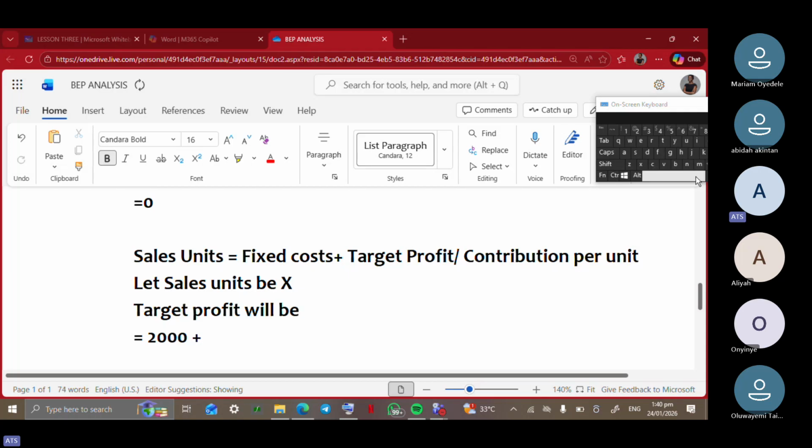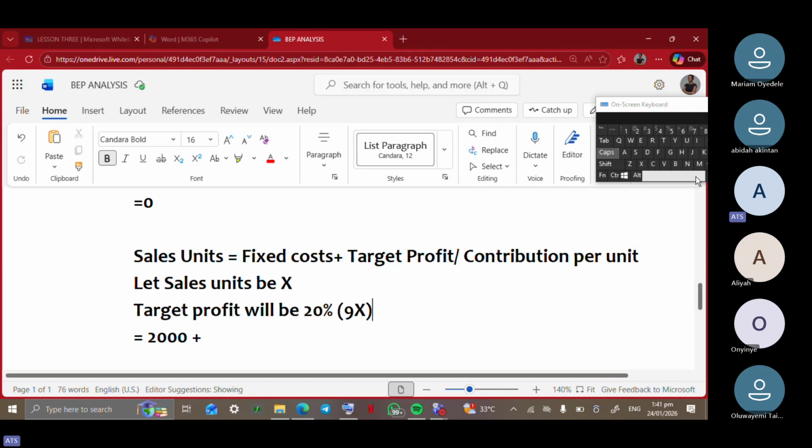It will be 20% of whatever that is, right? 20% of X. Now it's not just whatever that is, it is 20% of 9 times whatever that is, because what we are looking for is units, right? Are you with me?